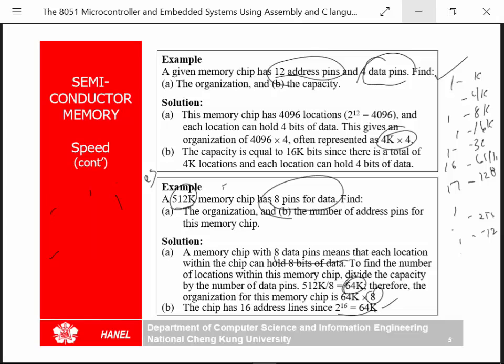So 64K by 8 is the organization. The number of address lines, you just go through this table, is going to be 16 address lines right there.